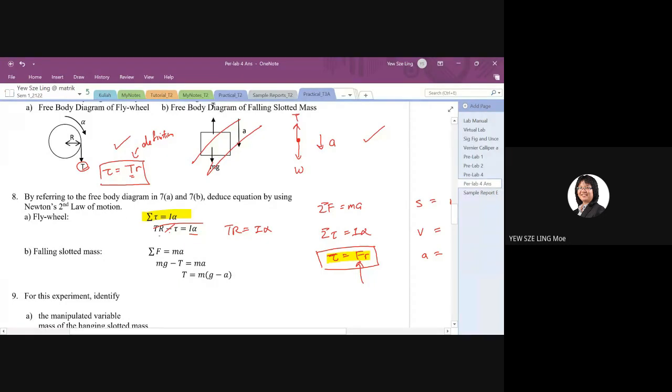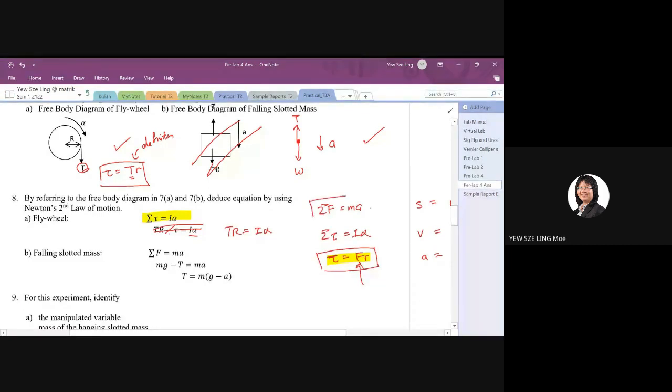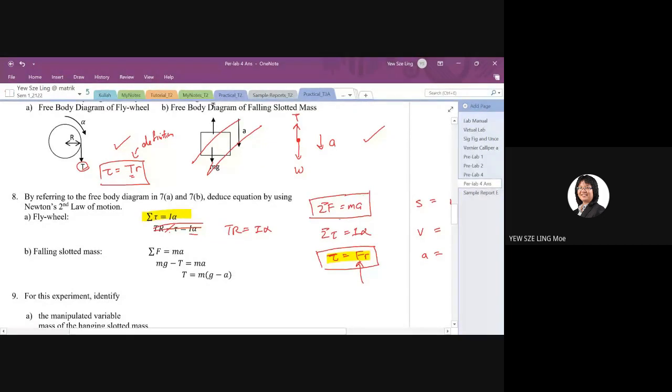And we have only one force that causes the object to rotate. Therefore, when you substitute it into the equations, what are you going to do? It's like your second law. You start from F equals to MA, and then you try to search for the force that causes the object to accelerate. Here, the same thing happens. You keep the I alpha in the equation, just as we keep the MA in the equations.